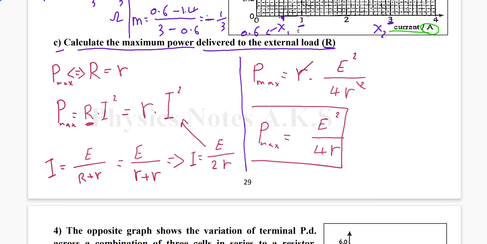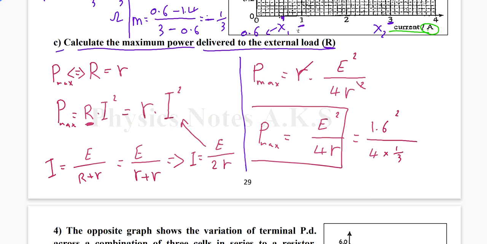Now we can substitute. We found that E was 1.6, right? 1.6 squared. Down I have 4 multiplied by the internal resistance. How much did we find? It's actually 1/3, right? So 1/3. I use my calculator to find this value.